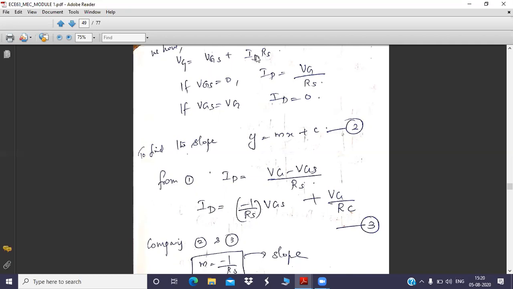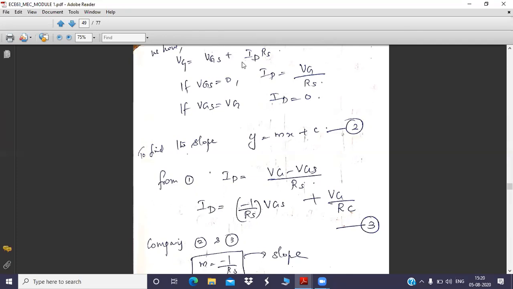So y is Id. You are trying to keep this term on the LHS because in the second equation you have y on the left-hand side. So you are supposed to keep this Id Rs on the left side.